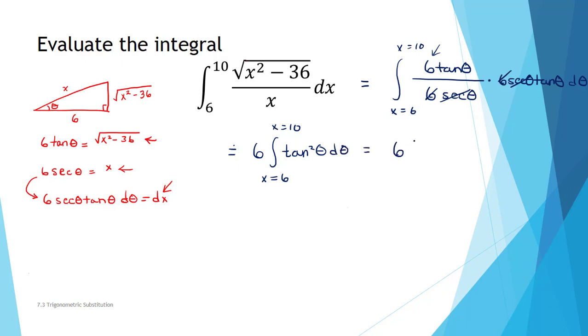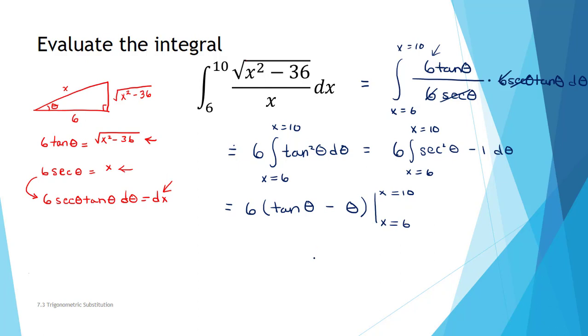Using the Pythagorean identity, I can rewrite tangent squared theta as secant squared theta minus 1. And then I can find the antiderivative of each term. So the antiderivative of secant squared theta is tangent theta, and the antiderivative of 1 is theta. And then I evaluate at x equals 6 and x equals 10.